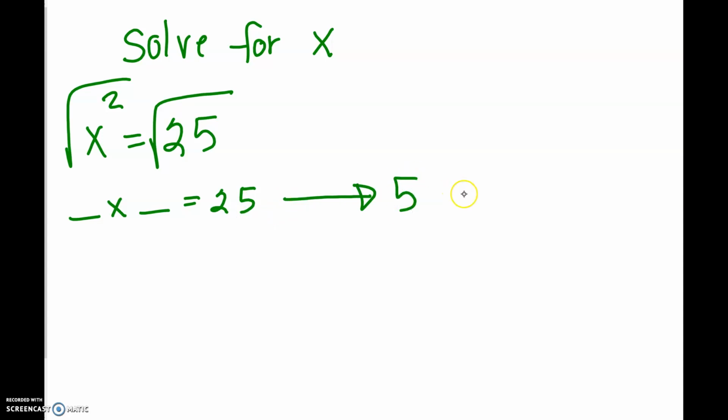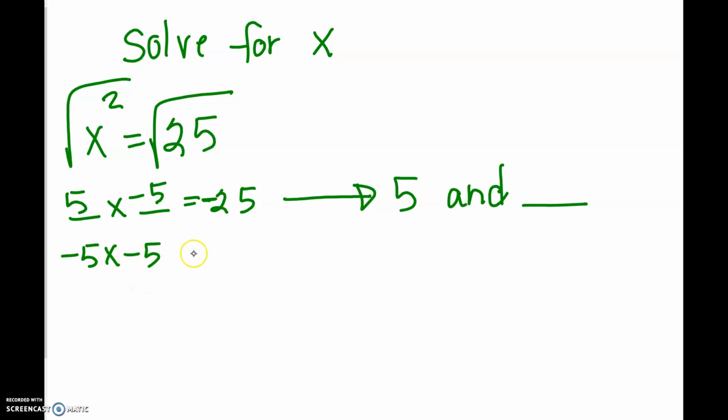But I'm telling you there's another one. 5 and what other number? What other number can you multiply, and it has to be the same? You can't say 5 and negative 5, because that gives you negative 25, and we're looking for a positive 25. So what if we took negative 5 times negative 5?